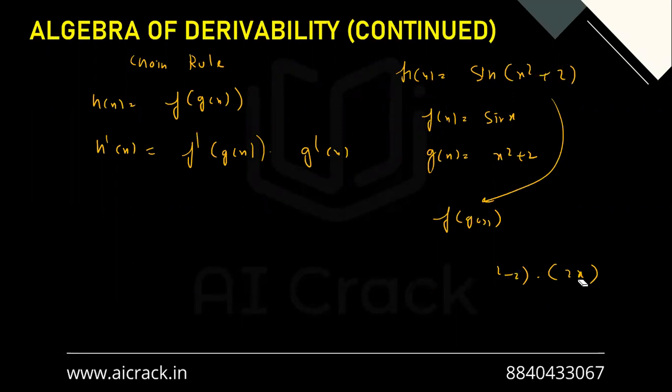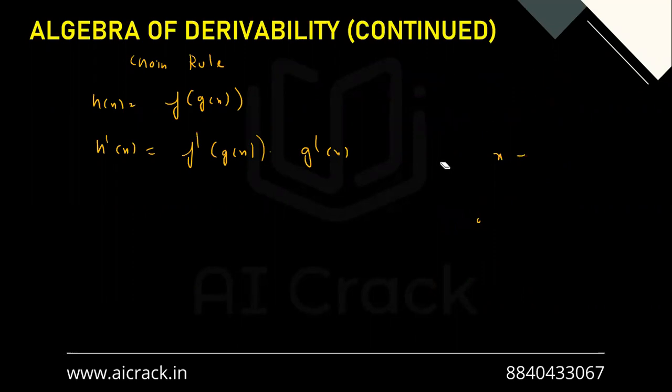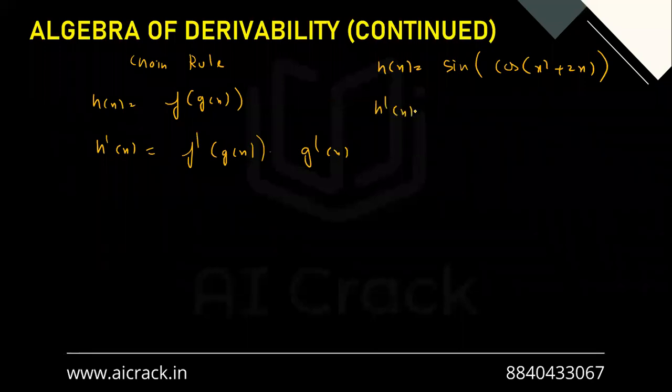Let's make it a little more complicated. Let's say we have a function h(x) equals sin of cos of (x² + 2x). Now we have to find h'(x).